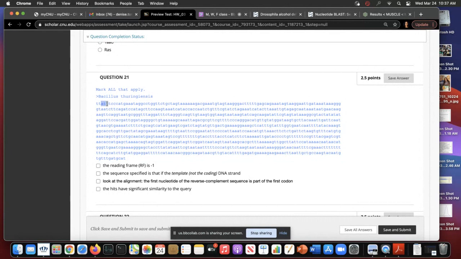If you ignore the first 2 and you start in the third one, that's your RF +3. And if you reverse complement this whole thing and start reading, the reverse complement here would be ATG. For me, I know what the ATG means. So that would be frame -1.